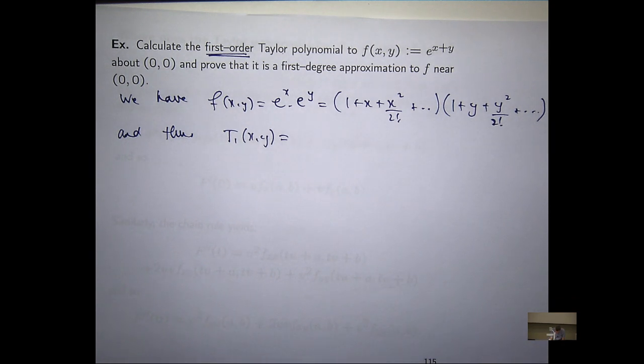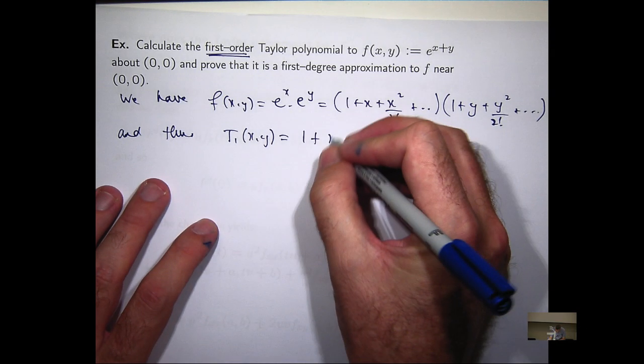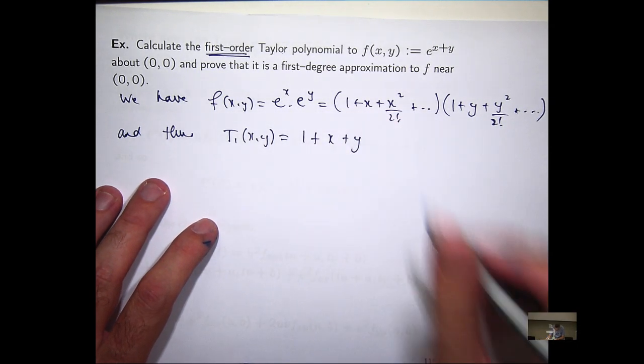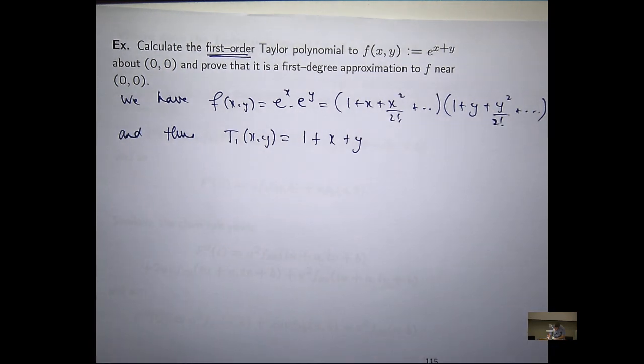Which term should I pick out? Yep, 1. What else? Anything else? No, we don't want the xy because that would be for T sub 2. So that's it, I think. It's pretty easy, right? How good's that?